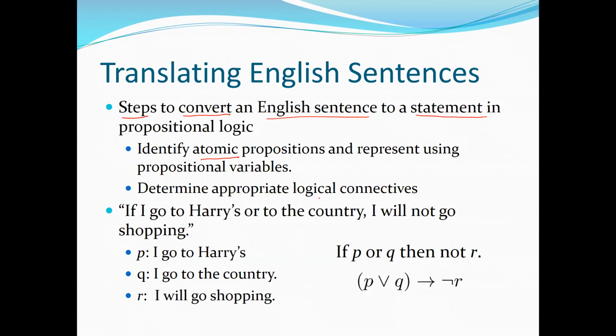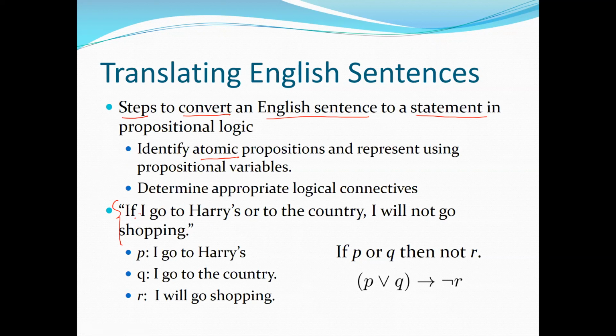And then determine appropriate logical connectives. For example, I have the English statement: if I go to Harris or to the country, I will not go shopping. How can we convert this English statement into propositional logic? There are two steps, as we discussed. First of all, identify the atomic propositions.